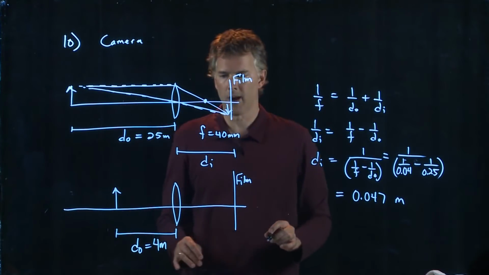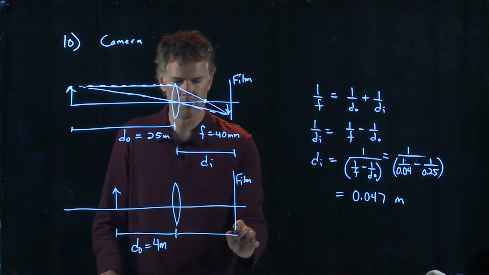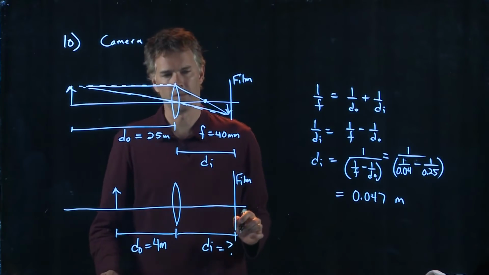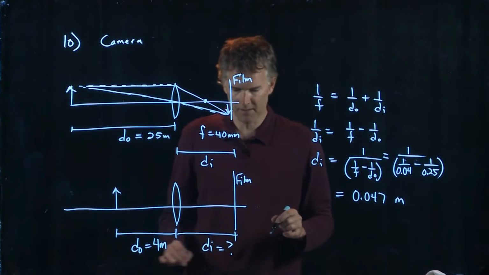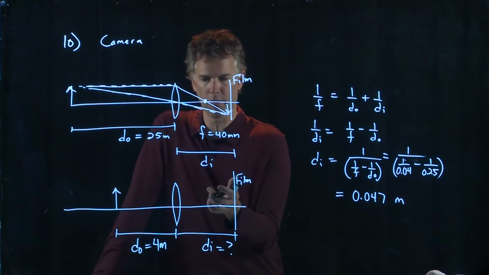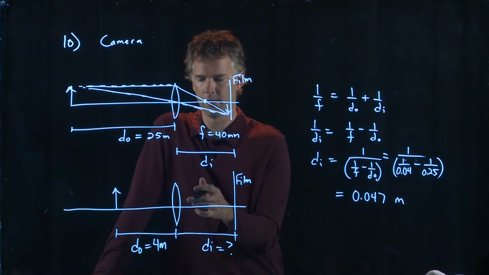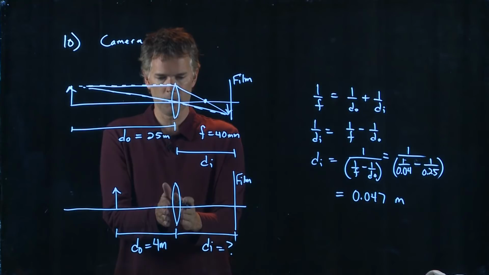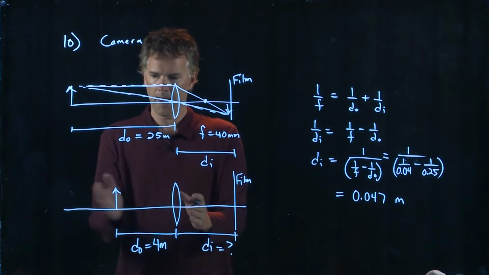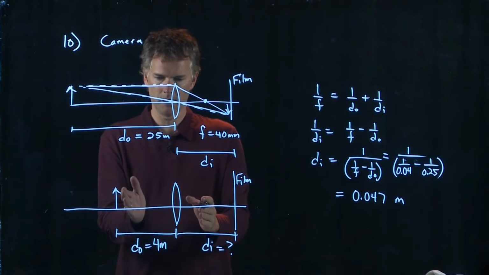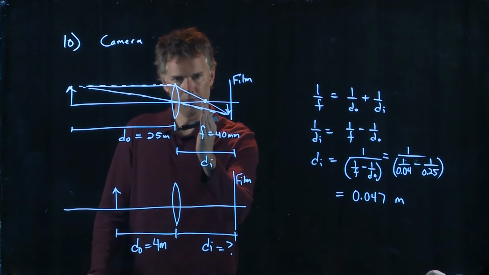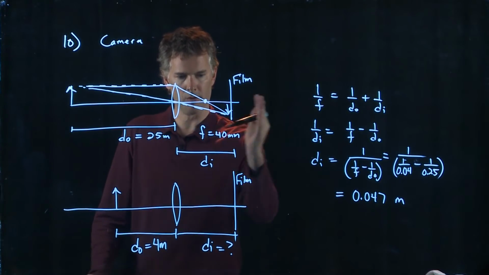And we need to figure out what this image distance is going to be in this case. Okay. And what stays the same, of course, is the focal length of the lens. So if we had left the lens exactly where it was, and I brought that object in, would the image move closer to the focus or further away from the focus?